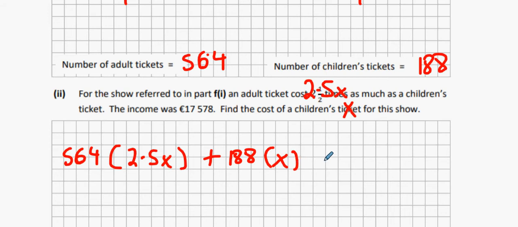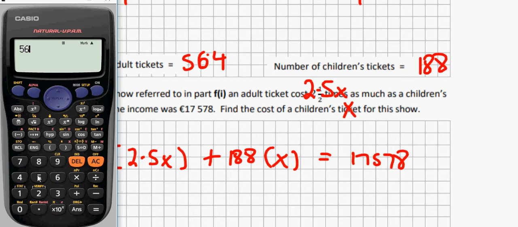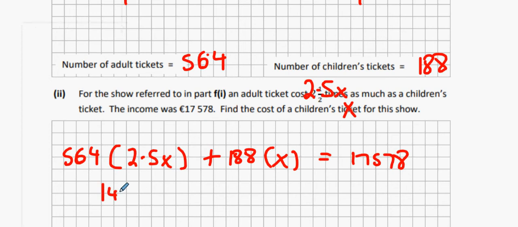How much money did your show bring in? 17,578. So 564 multiplied by 2.5 is 1,410x plus 188x equals this 17,578 business.